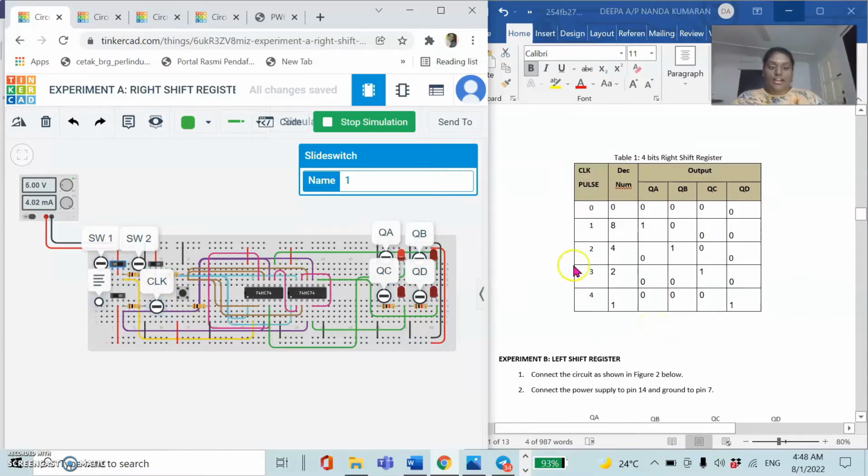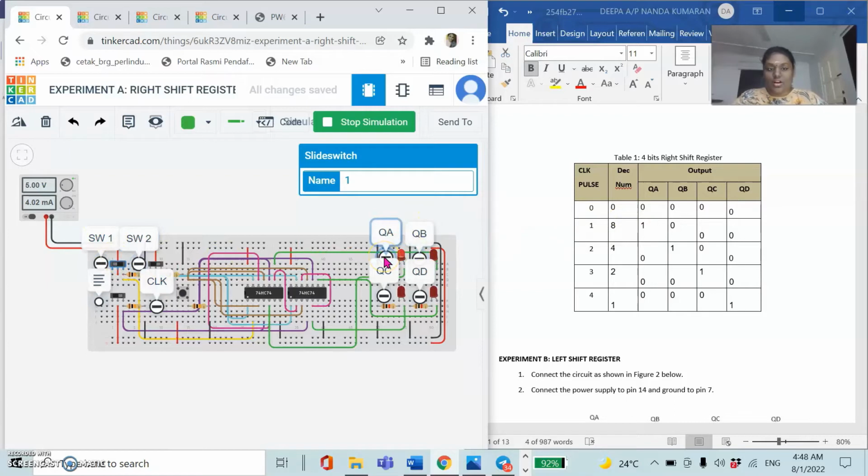So this is my truth table. When the clock is 0, QA, QB, QC and QD are all 0.